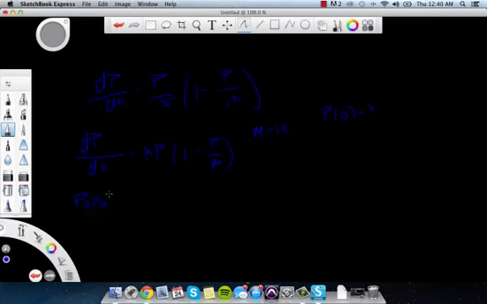Population growing fastest when P equals 1/2 M. So in this case, population equals 1/2 M, which is 12, equals 6. So there's your answer. The population is growing fastest when P equals 6.